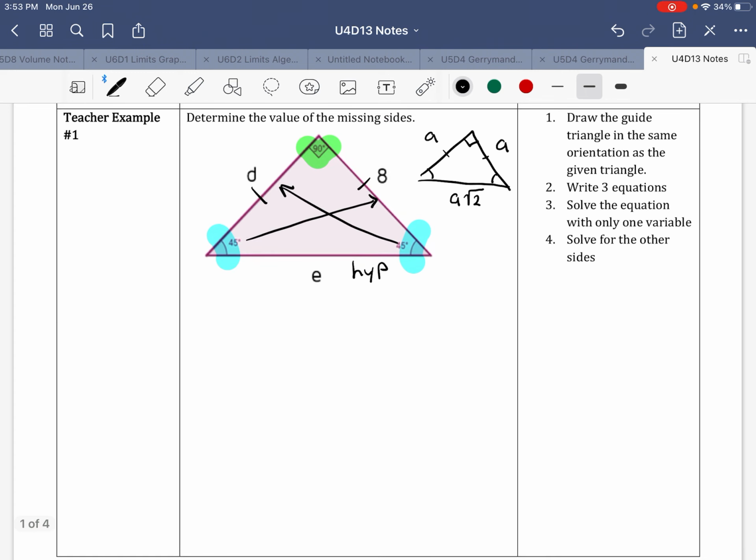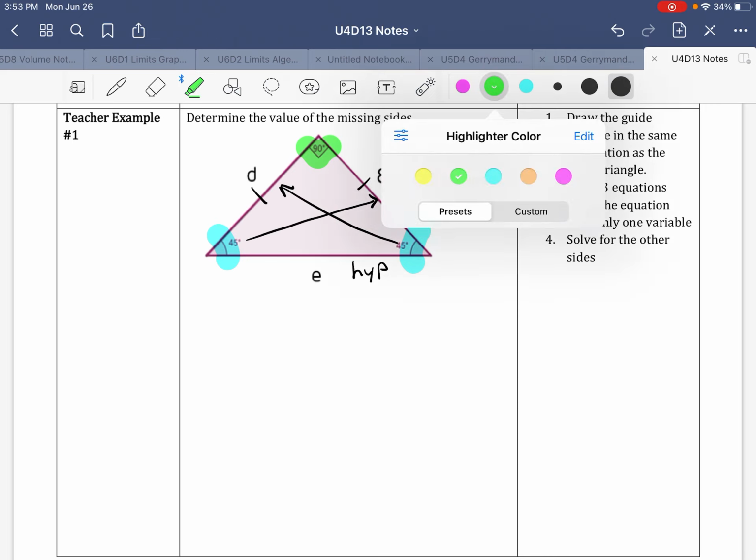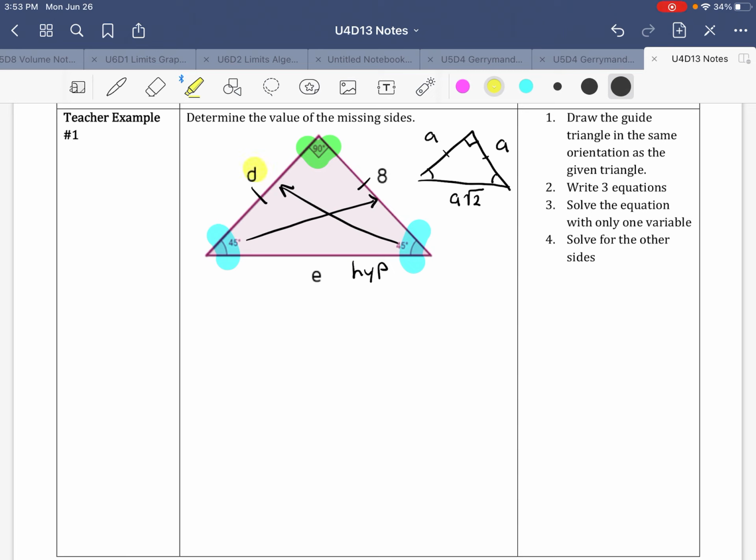Once I've drawn this guide triangle, I'm going to align and find the corresponding sides, right? So if we look at here, D and this A go together. Similarly, 8 and A go together.